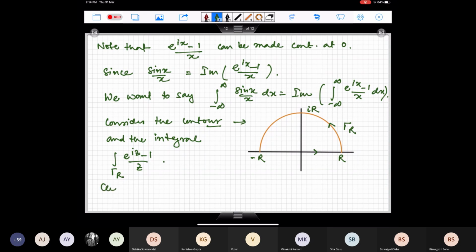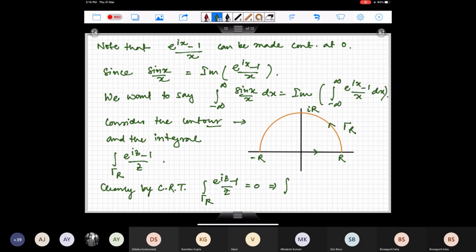So clearly, you can use the Cauchy residue theorem, and we get that over gamma r, which is a closed curve, the integral of (e power iz minus 1) divided by z is equal to 0. So if that's the case, then what do I get? That tells me I can separate into two halves, one on the real line and one on the arc.